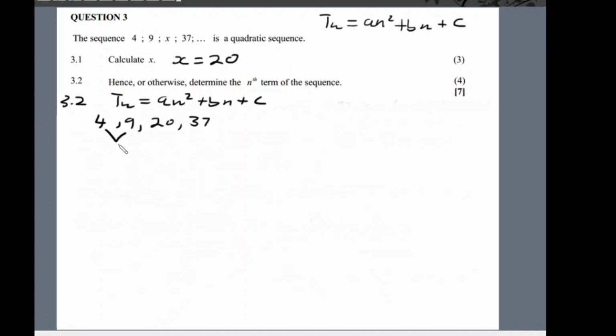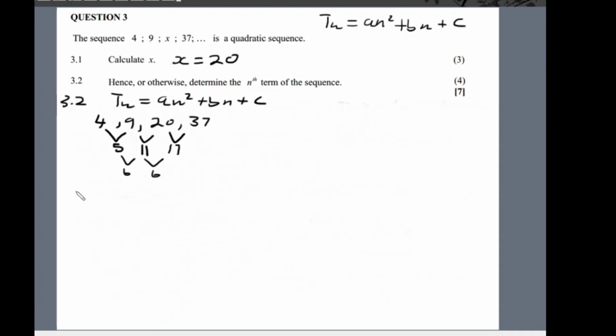Calculating the first difference, we get 5 here, then 20 minus 9, which is 11, then 37 minus 20, which is 17, and then the second difference is 6.